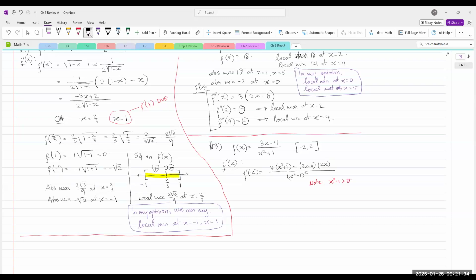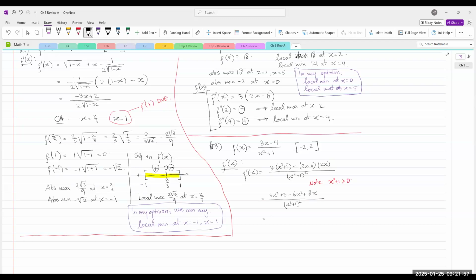So this is 3x squared plus 3 minus 6x squared plus 8x, over (x squared plus 1) squared.